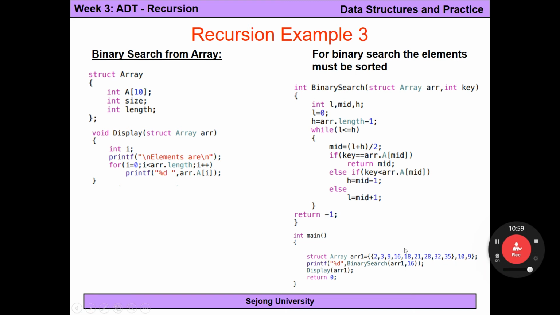What we will do now is perform the binary search in this array. All of these elements are sorted in the ascending order, and let's discuss how binary search will be performed.